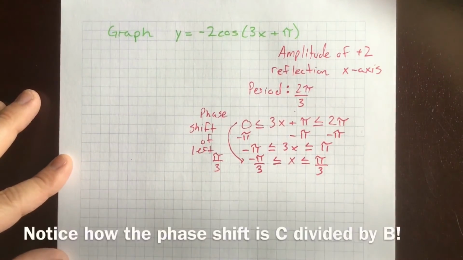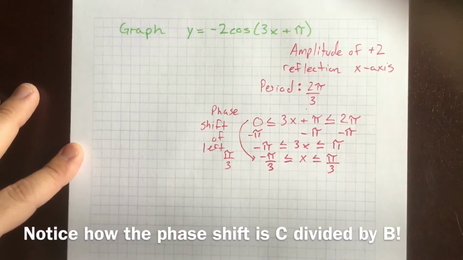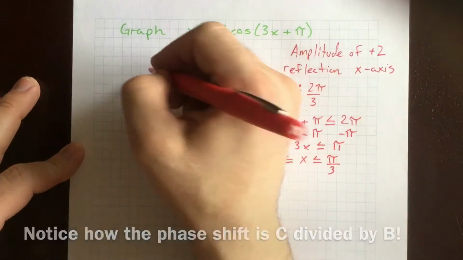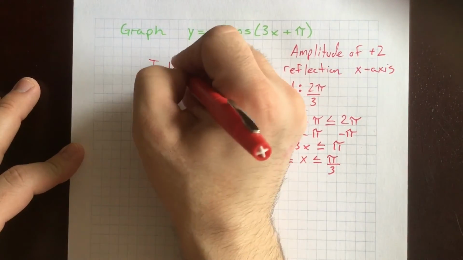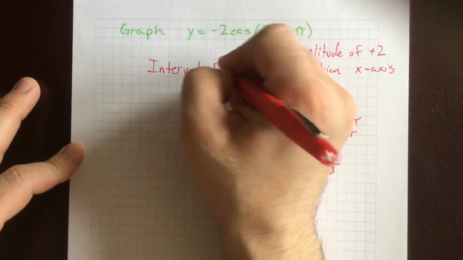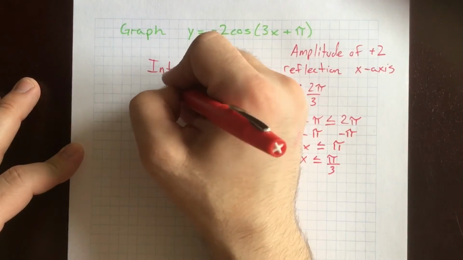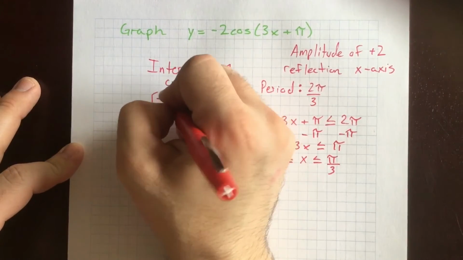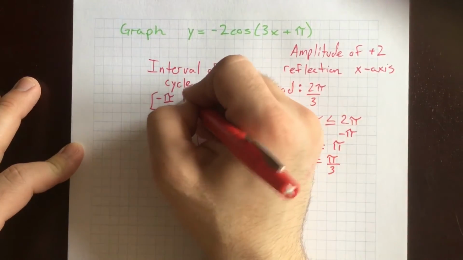Okay, so with that, we make our table. Let's write this down, we didn't write this down in the previous example: our interval of 1 cycle would be negative pi over 3 to pi over 3.